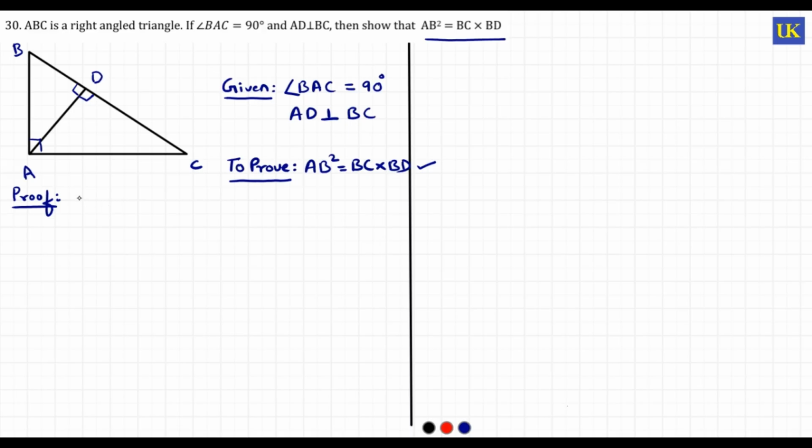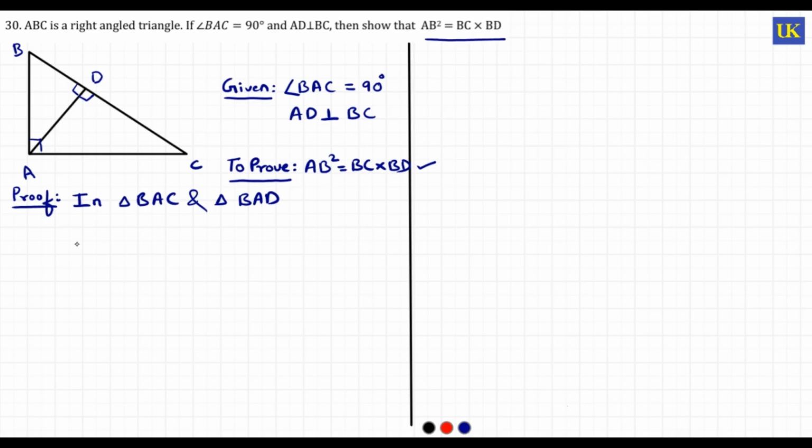So here we will take two triangles to prove this. In the main, bigger triangle BAC, and another triangle, BAD. Here we will try to prove them similar.